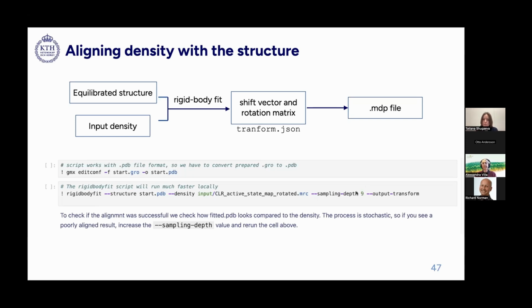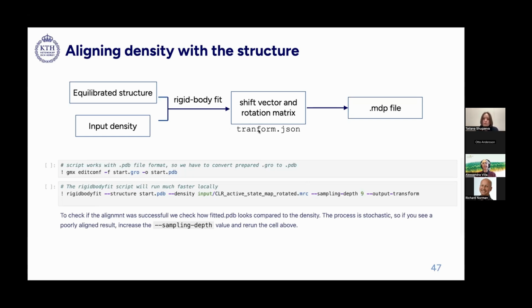If you increase this parameter, it will make your calculation a bit slower, but if it's too low, then you might end up with a poor alignment. So run this and check if you like the result or not.